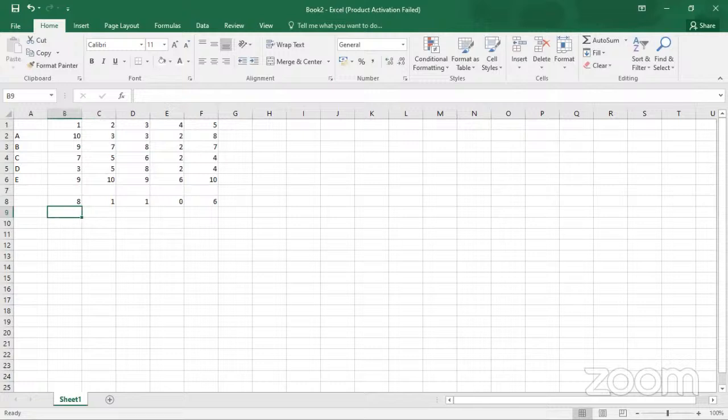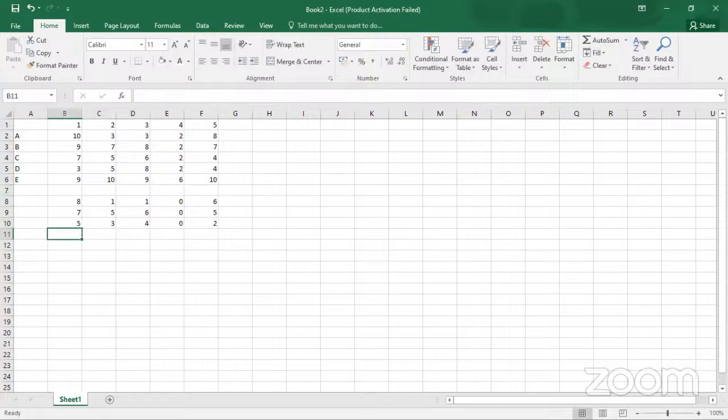Second row: 7, 5, 6, 0, 5. Right. Third row, same 2: 5, 3, 4, 0, 2.